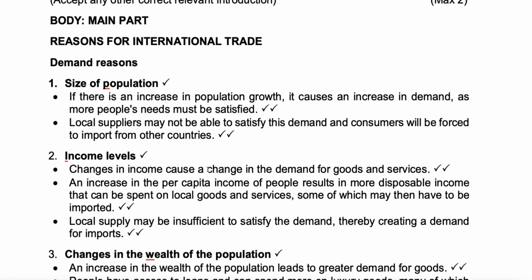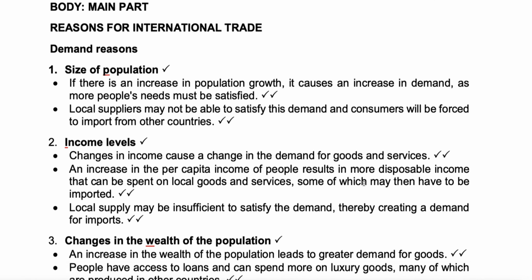Then income level, think about it. Here it says changes in income can cause a change in the demand for goods and services. I would explain it this way: your level of income can influence international trade. Usually people with high income prefer to buy the best, the fastest, the biggest.